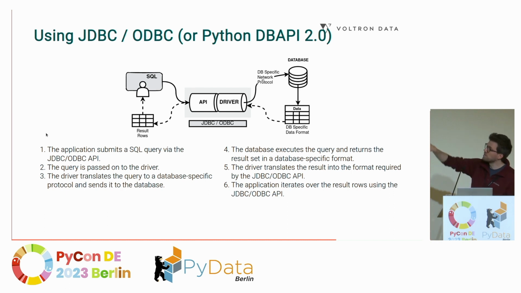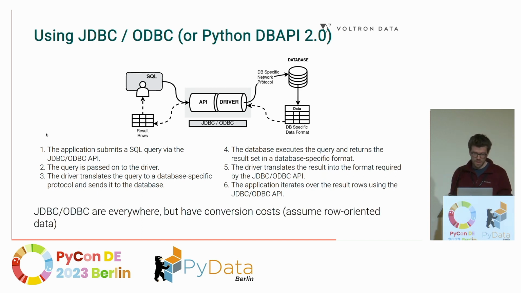The main problem with those interfaces is that at the moment they are all row-oriented. ODBC can do some columnar-oriented data as well, but it's not very compatible with Arrow, so I'm going to leave that aside. And so you get data row by row, while maybe your database is columnar, and you want columnar data in the end, so you have to pay the conversion cost twice to use those interfaces.